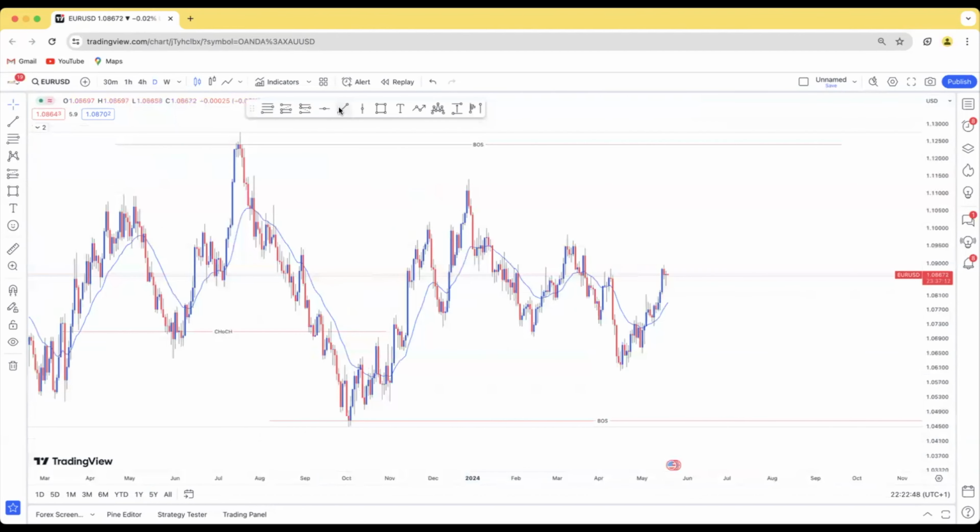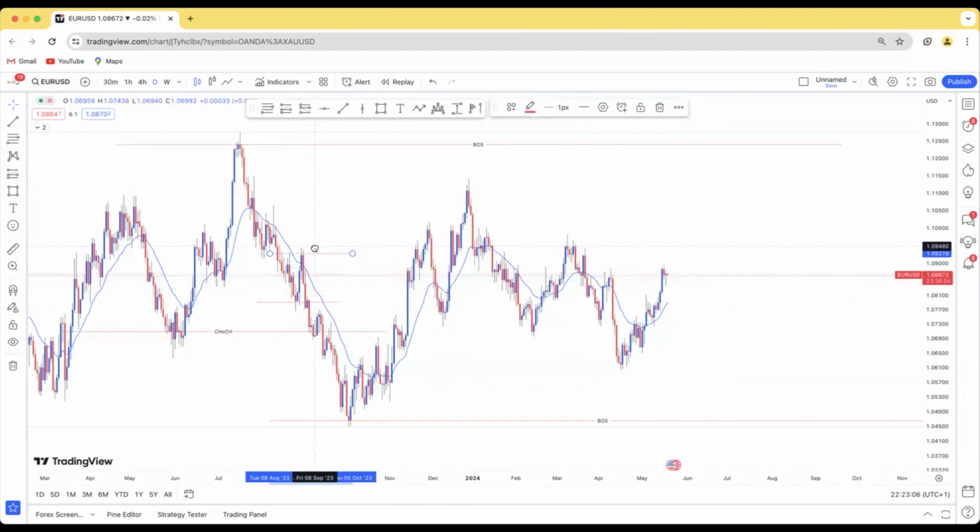Now I have to do the same thing. I will identify the last bullish structure here that gave me that high. When that structure was broken, which was a shift in character, it gave me this high here, and then we had the BOS.